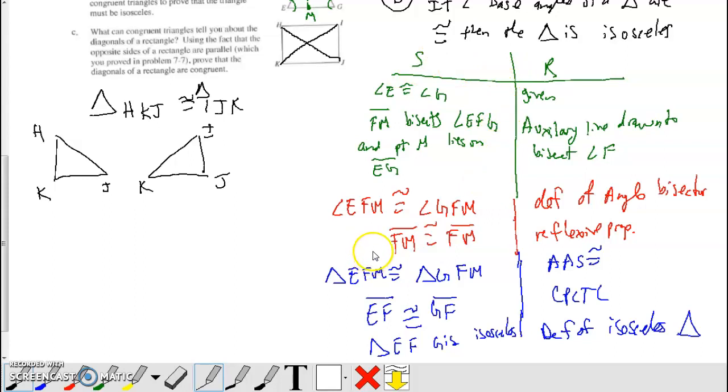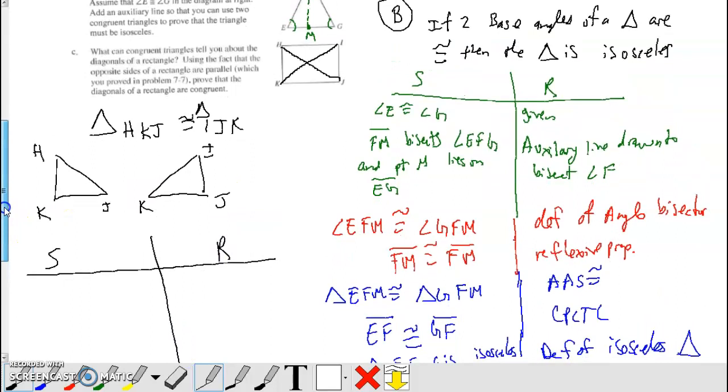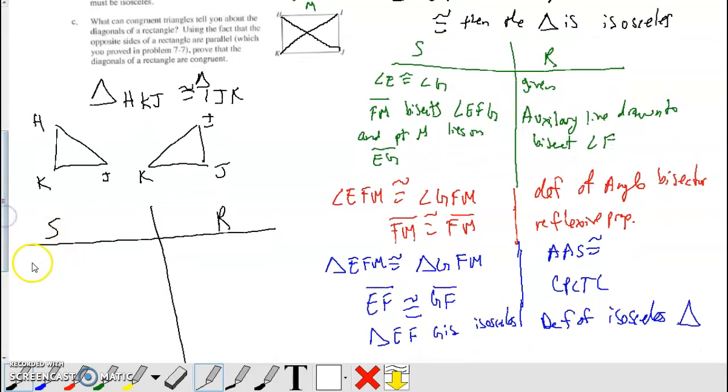Okay, so coming back, we are going to create a statement and reason. The first piece of information we should write down is that HIJK is a rectangle, and that was given information. What else do we know? We said use the fact that opposite sides are parallel, so we've already proven that fact.